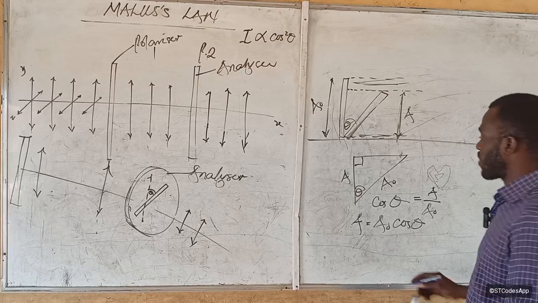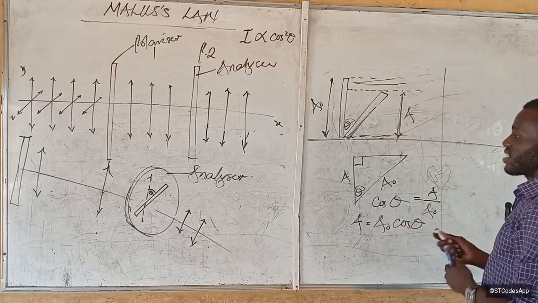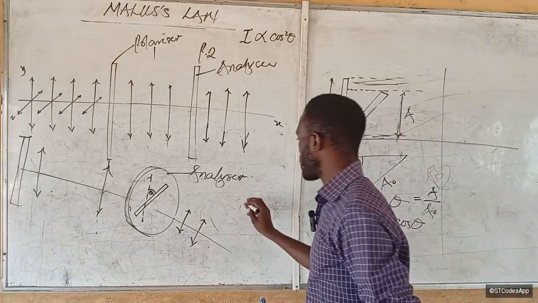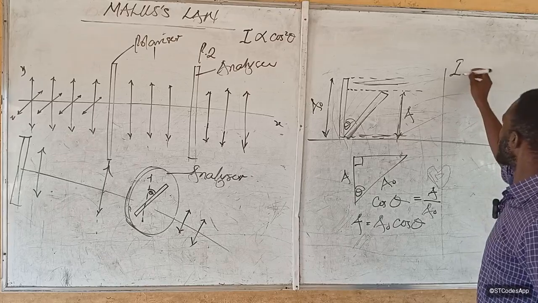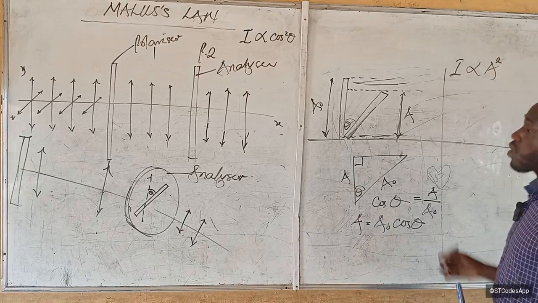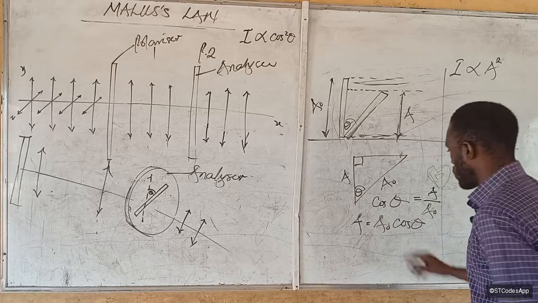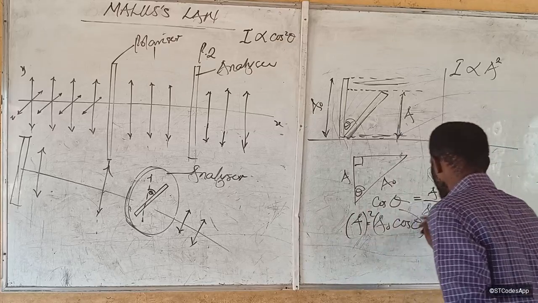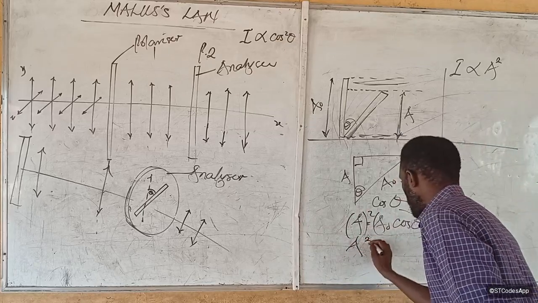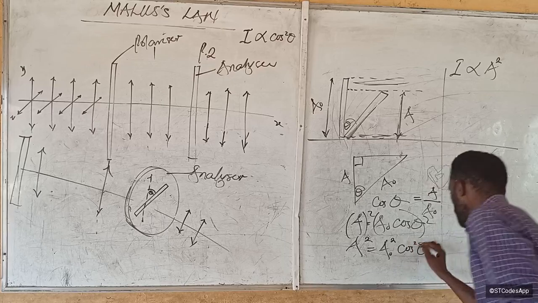Alright. Now, to prove this law, remember that when we did waves, we said that the intensity of a wave is directly proportional to the square of its amplitude. If that be the case, then if I square both sides of the equation, I'll have A squared equals A0 squared cos squared theta.